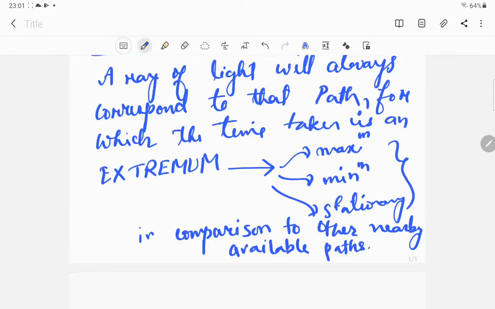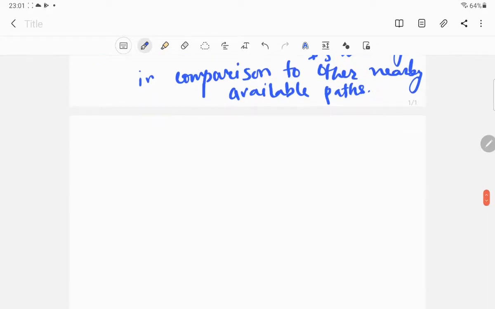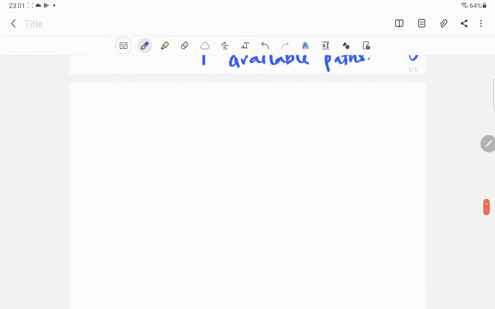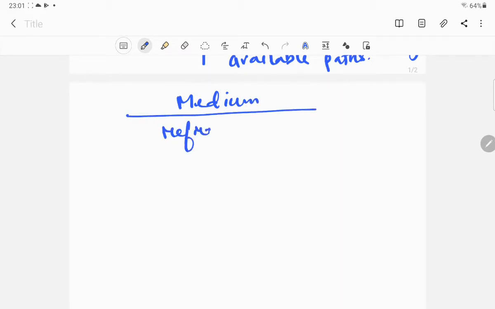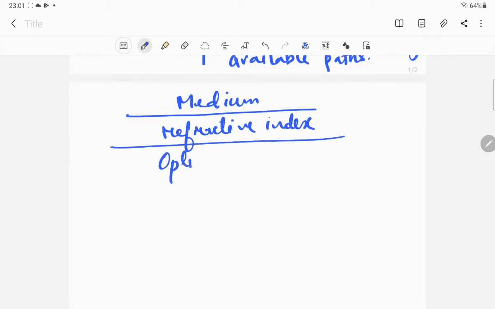So how do we mathematically express that? Whenever a ray is traveling, it obviously goes through a medium, and the medium has a refractive index. If you have an optical system, it may have different lenses.